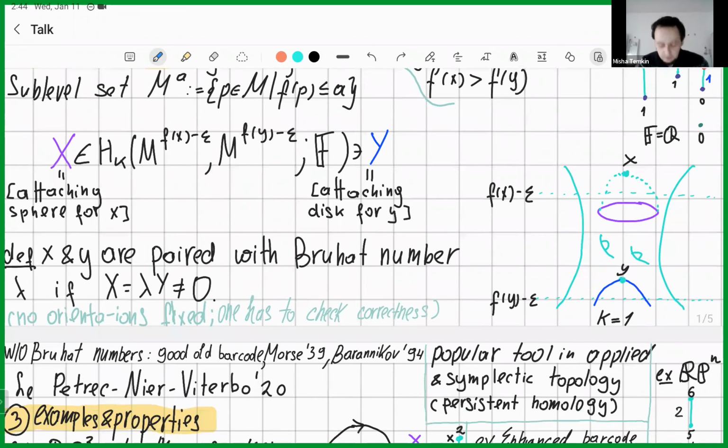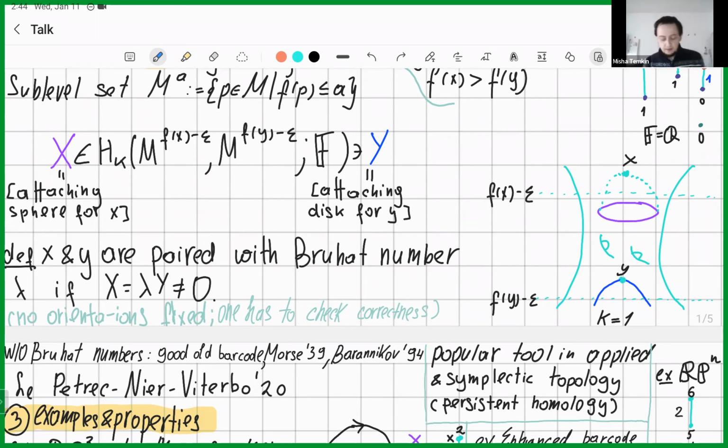The Morse definition, the Barannikov definition, and the definition used in applied topology are all different, and all different from the one I have just given, but they're all equivalent.